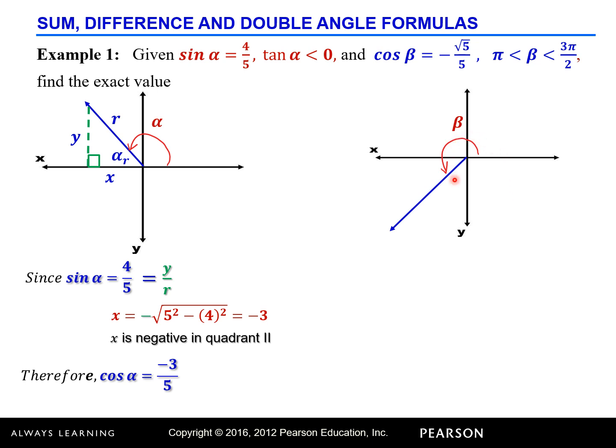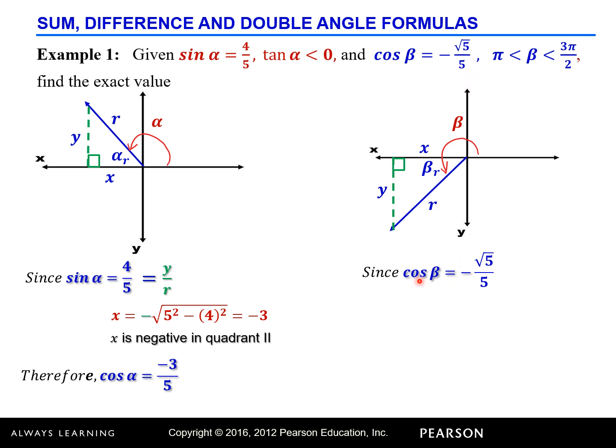Since beta is more than 90 degrees, or not an acute angle, let's define again the reference angle. This is the reference angle, and let's create a right triangle here, attaching it to the x-axis. So this is the right triangle. The opposite here is y, this is x, and this is r. Then we can find these values by using the given, cosine beta equal to negative square root of 5 over 5.